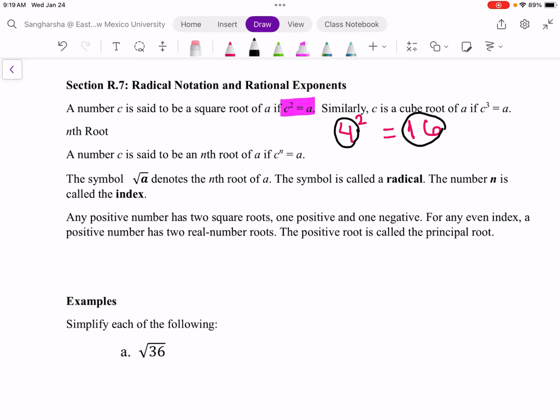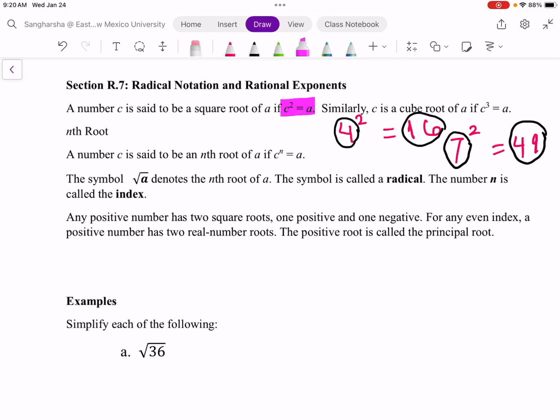Similarly, we know the square of 7 is 49. Here, this 7 is the square root of 49.